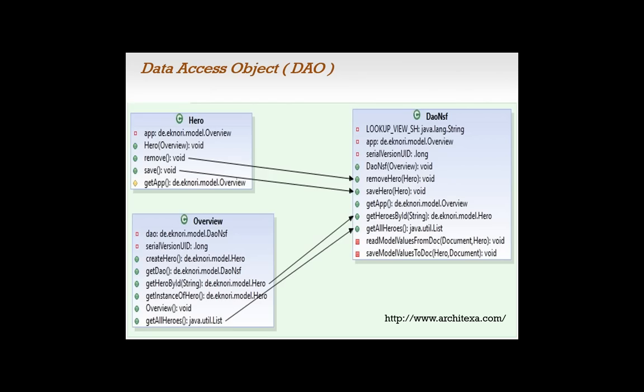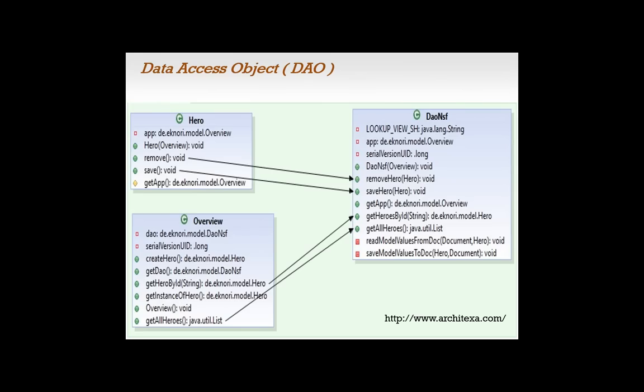This will give you a great overview of what is going on in your application in terms of relationships between beans, methods in these beans or properties, and where they are used, and who uses which property from which bean in your application. So this is a visualization of the overview and the hero bean, and it shows how it accesses the data access object NSF, which I use to access the data in my NSF file.